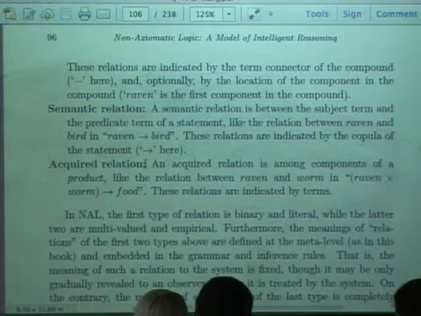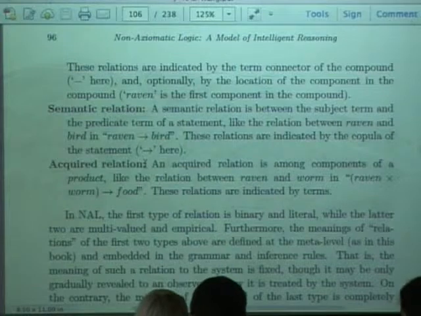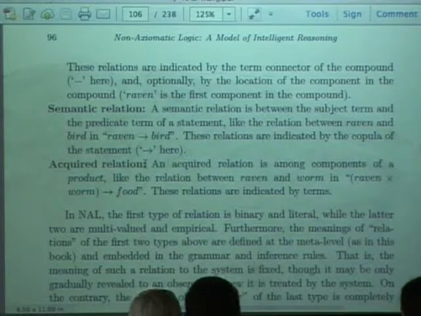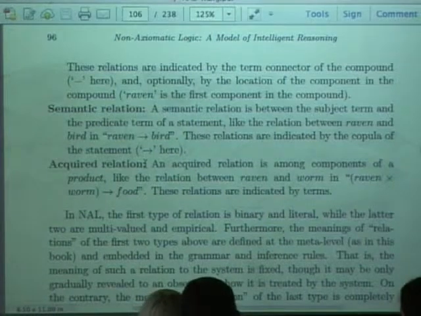But I do have a deduction rule which work on this. I also have some other rules work on this and this and this. Okay, so you'll see that the first 2 types of relations are built into the logic. It's part of it. And then everything else is handled in the way I just introduced.